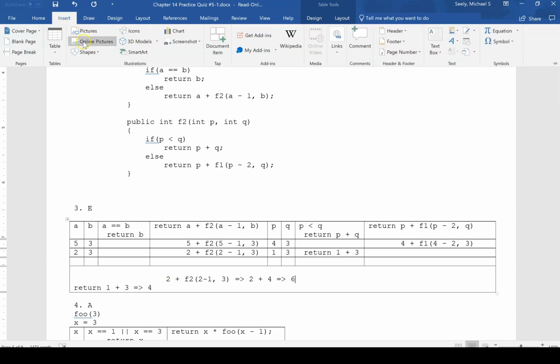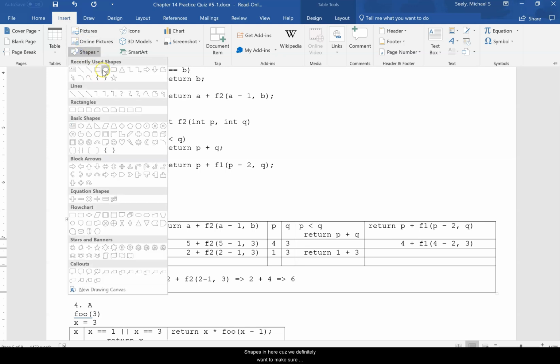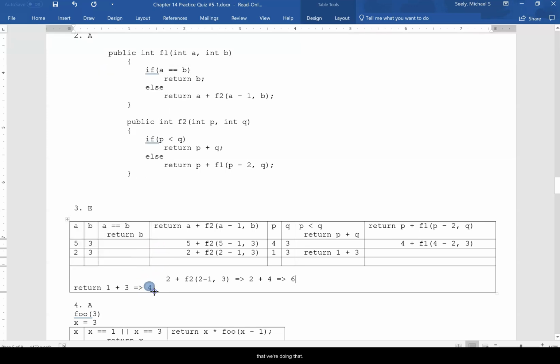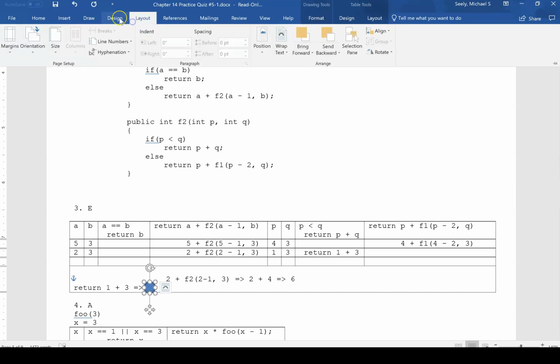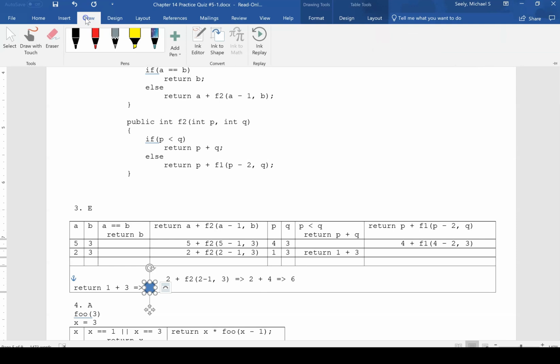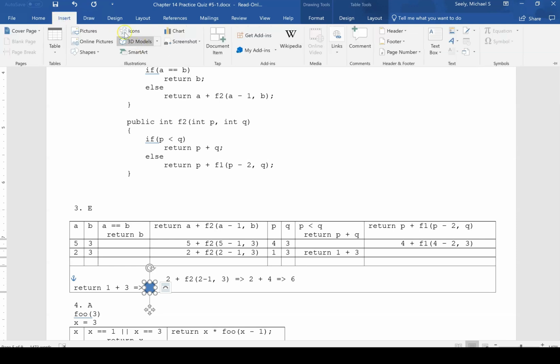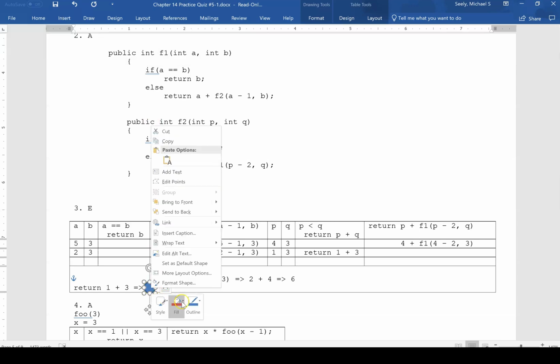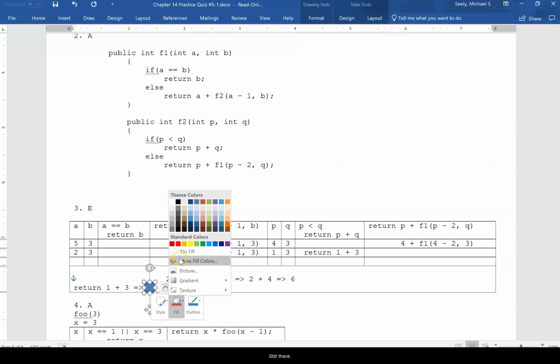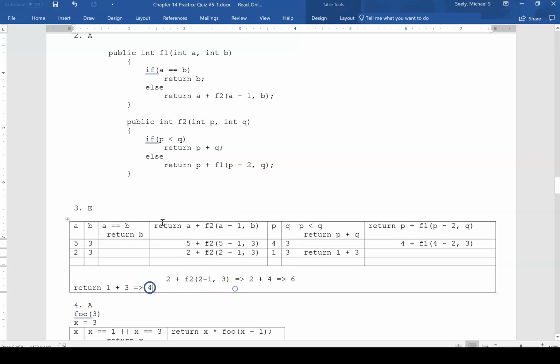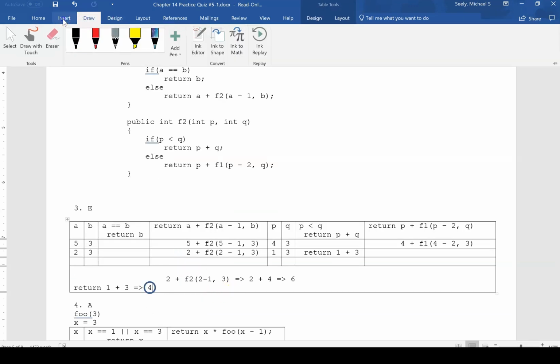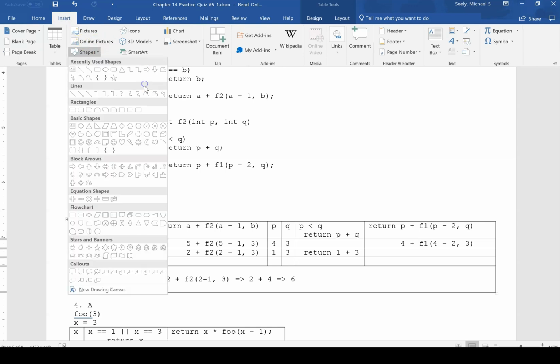Let me put the shapes in here, because we definitely want to make sure that we're doing that. We'll make sure there's no fill there. And then draw, insert.